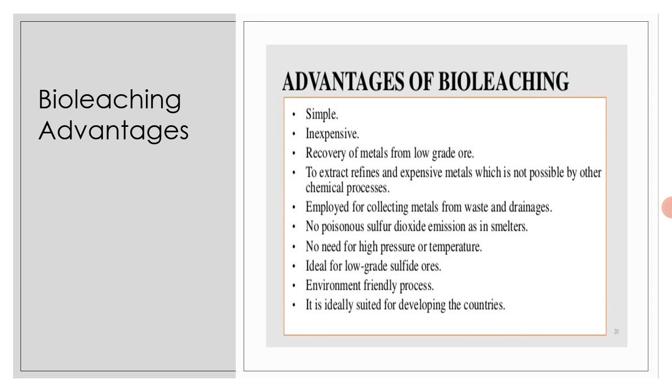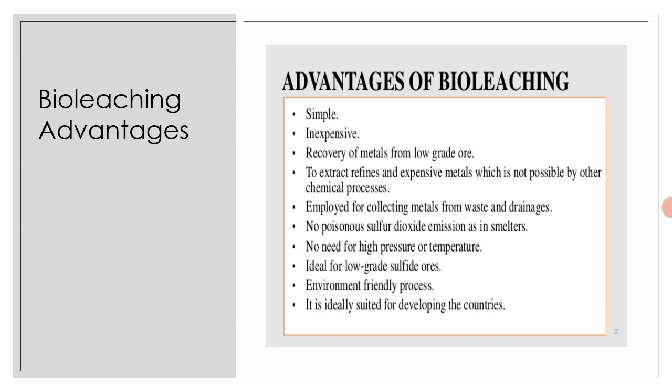Then next, this is a very important advantage. The third one, recovery of the metal from the low grade ores. Now I've mentioned in the earlier lecture, there are two types of ore, low grade ore and high grade ore. What are the low grade? Low grade ores are the ores where the metal is deposited in little less quantities, whereas in the high grade ore the metal is deposited in larger quantities as compared to the low grade.